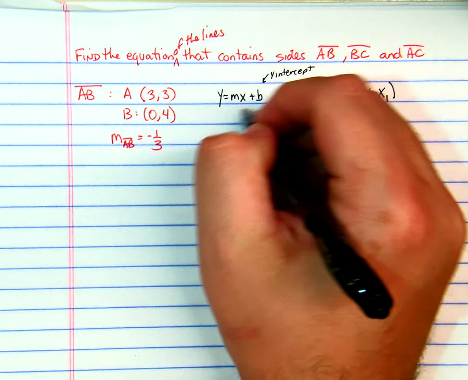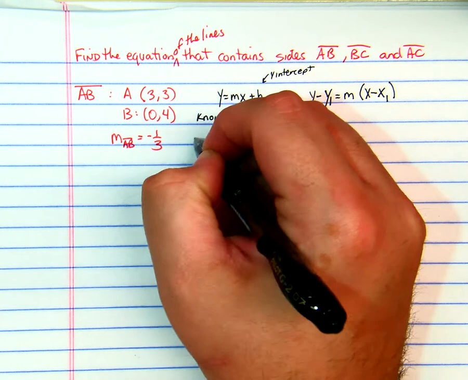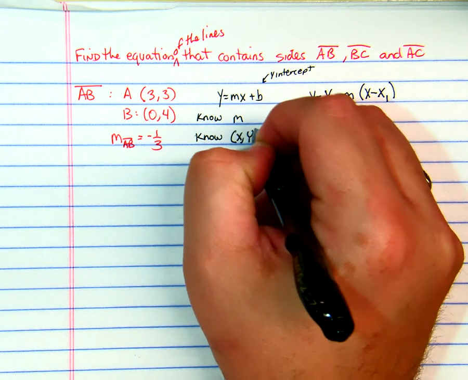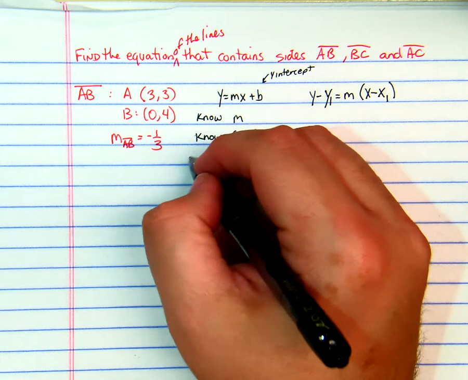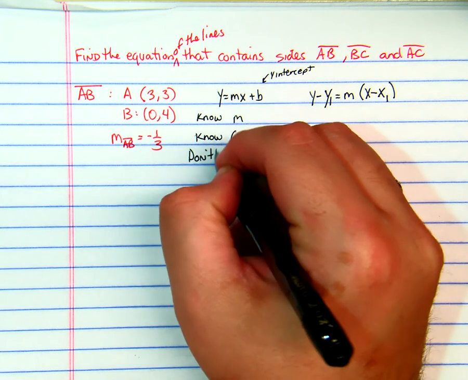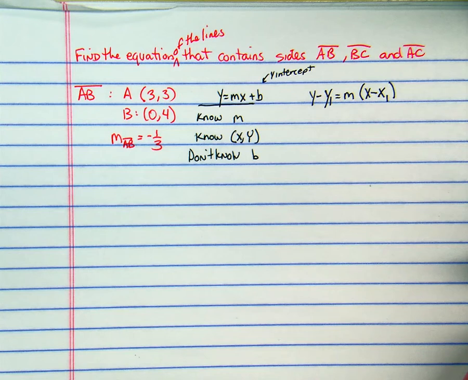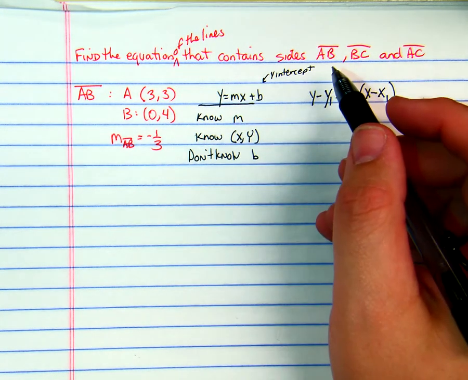So we know m, we know an x and a y. Actually, we know two of them that are on the line, but we don't know b. That's the problem with this one. We can figure it out.